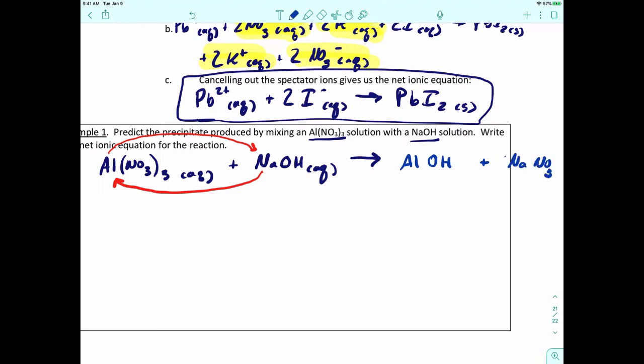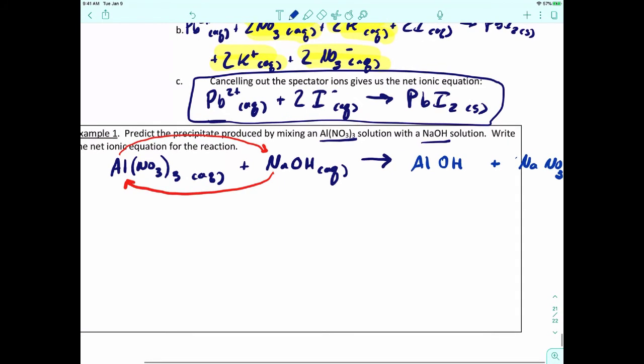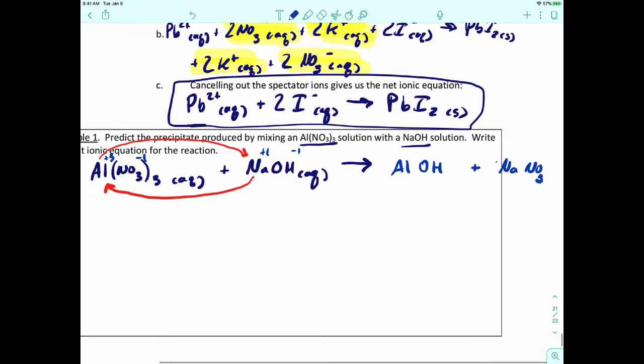Now we've got to balance the charges. So for Al, that's going to be 3 plus, NO3 is minus 1, Na is plus 1, OH is minus 1. So that means Al should be plus 3, OH is minus 1, Na is plus 1, NO3 minus 1. So I should put parentheses around the OH and then subscript 3 for that.